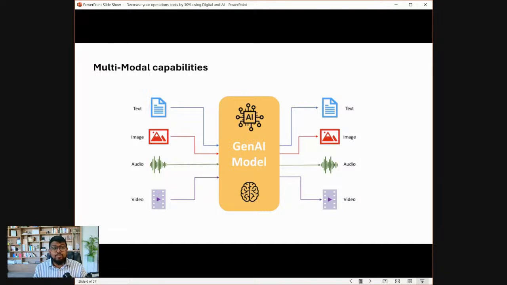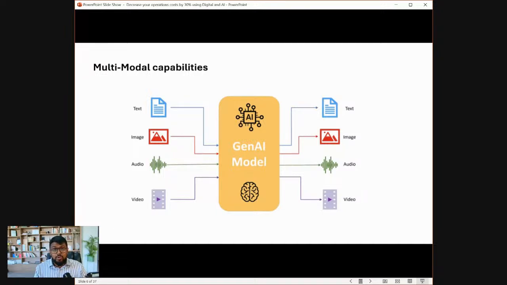They have the capability to receive information in the form of text, images, audio, video, or any other format. These models can also now produce information in the form of text, images, audio, and video. So the scope of GPTs or large language models is not just restricted to chat, and that's why I'm not going to talk about the chat part of it.